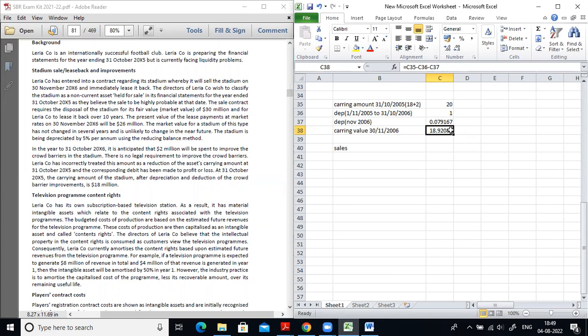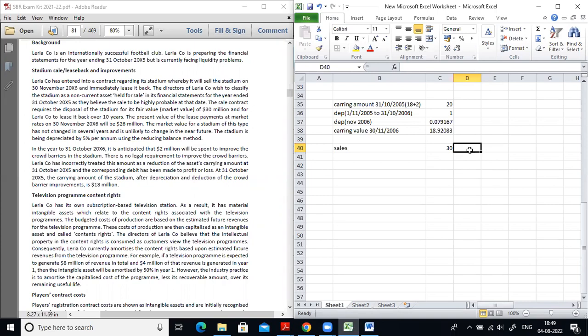Okay. Now at what price did we sell it? What is the sale proceeds? The sale contract requires to dispose the stadium. They are selling for 30 million, so we can assume the sale proceeds as 30 million. Now we need to compute the right of use asset, which we know should be computed on the basis of carrying value.